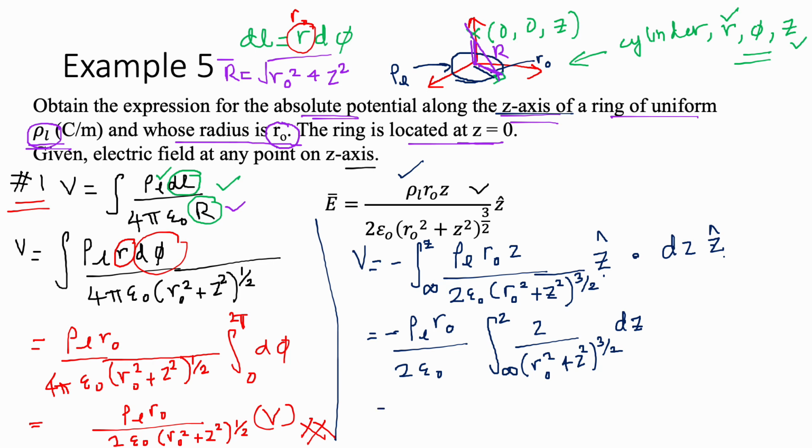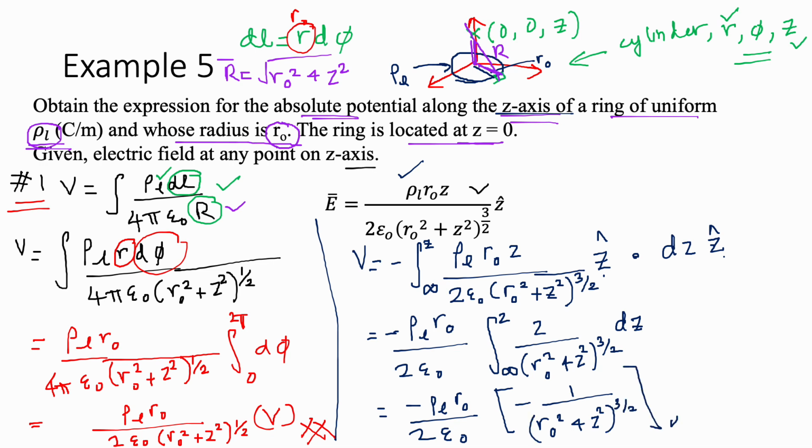It will be negative rho L r naught over 2 epsilon naught, times negative 1 over r naught squared plus z squared to the 1 over 2, where the limit is from infinity until z.